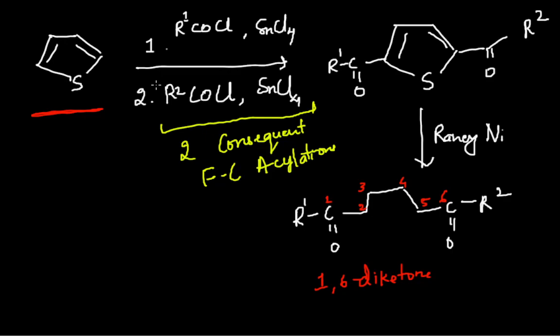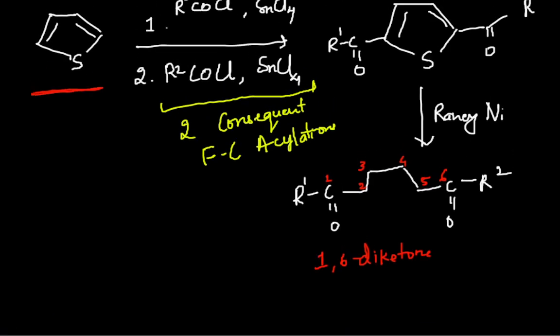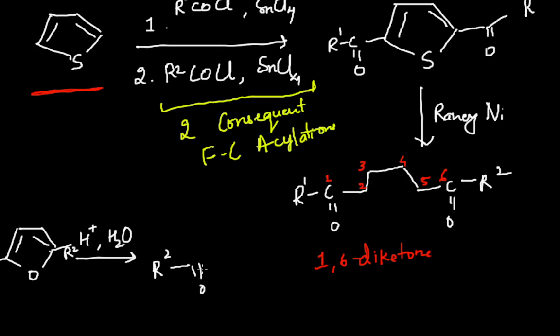Now, if you remember furan, just as a reminder, when you did proton hydrolysis in acidic medium, with R1 and R2 groups on it, you got 1,4 diketones.